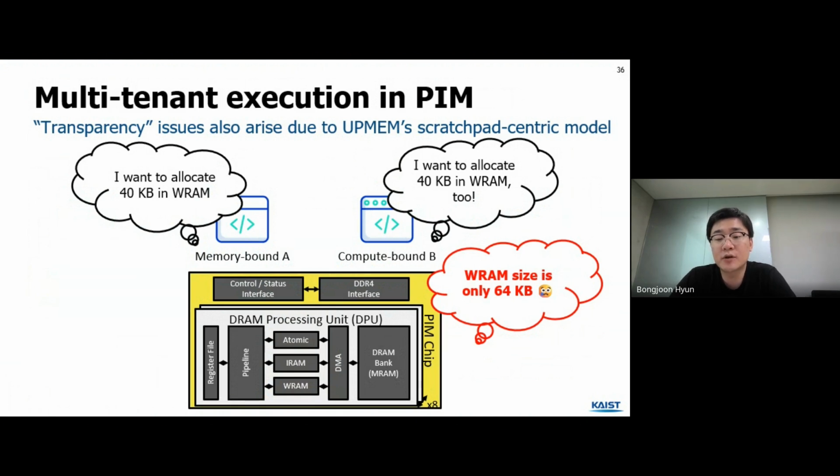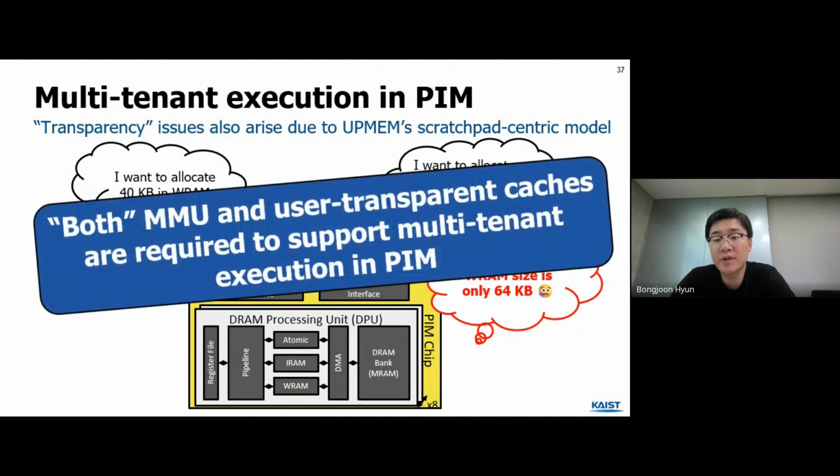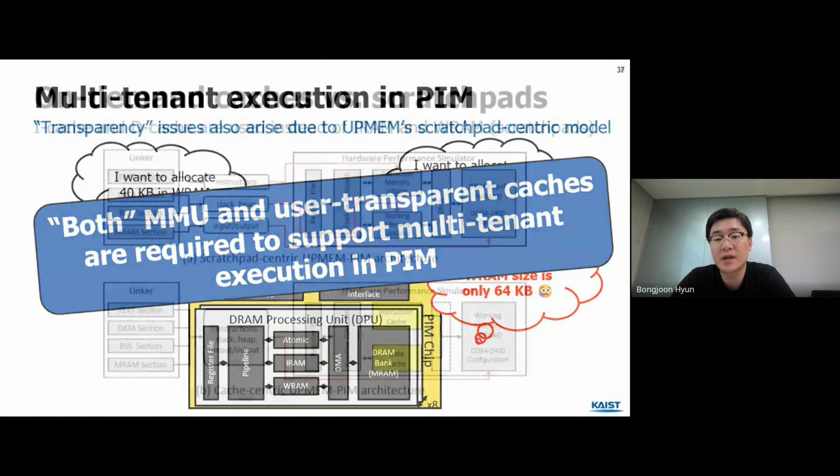In other words, collocated workloads must not be aware of the fact that they are concurrently executing. Supporting transparency to collocated applications therefore cannot be honored under UPMEM-PIM's current scratchpad-centric programming model. Therefore, we believe that to properly support multi-tenant execution in PIM, not only an MMU but, more importantly, user-transparent cache architecture support is needed.